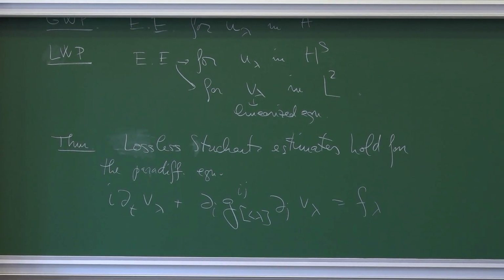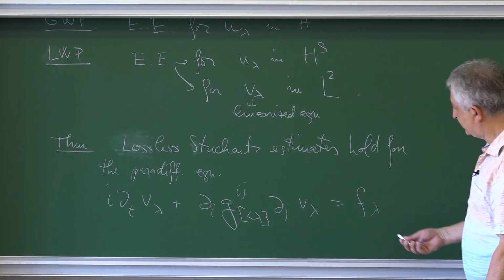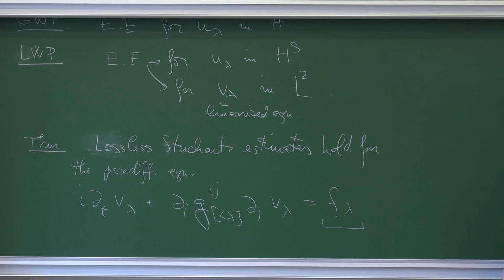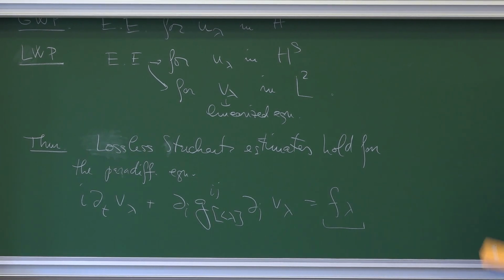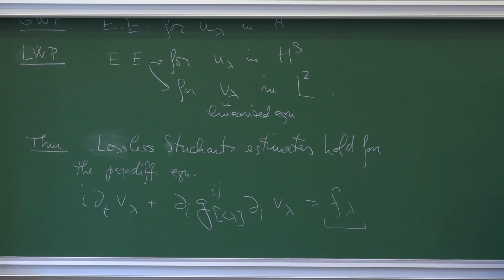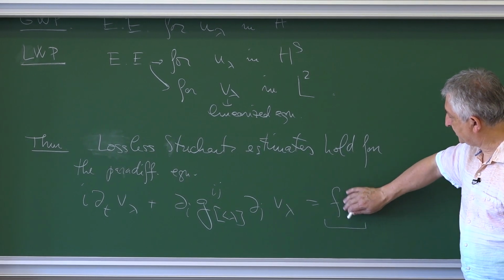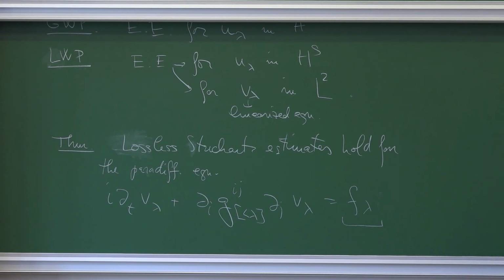And the secret in this theorem and the reason we can apply it is to have a good place where you put the source terms f lambda. This is something that I will tell you about on Friday. I'll just say for now that the good place to put this f lambda is very, very non-standard.